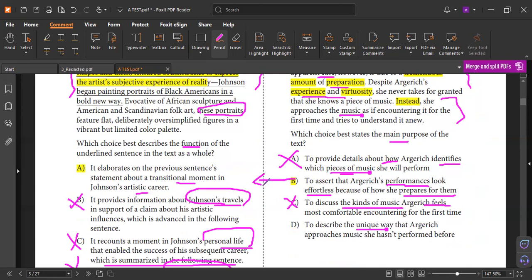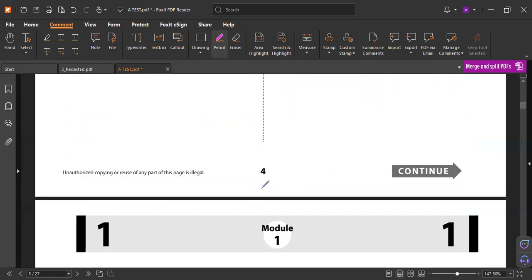That's right. So we give you ideas; if it's not supported in the text, don't focus on the words of the answer. The idea itself is what matters. The text is not about a unique way, but about her preparation, so B is correct. Any passage must be the same.